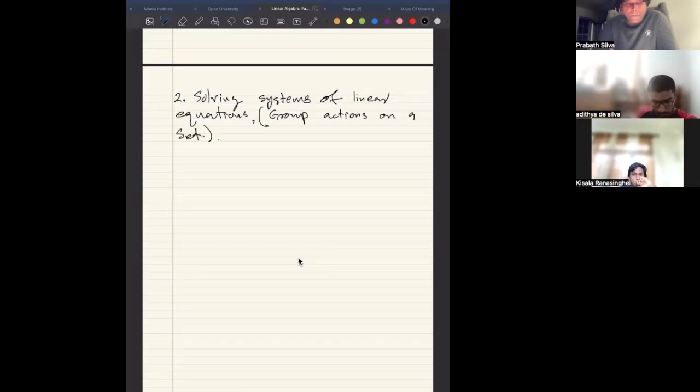Okay, so the first one. Now that we have questions, Aditya? Questions? Okay. So now that we have the notation for matrix multiplication, we can write down the system. So an M by N system of linear equations.